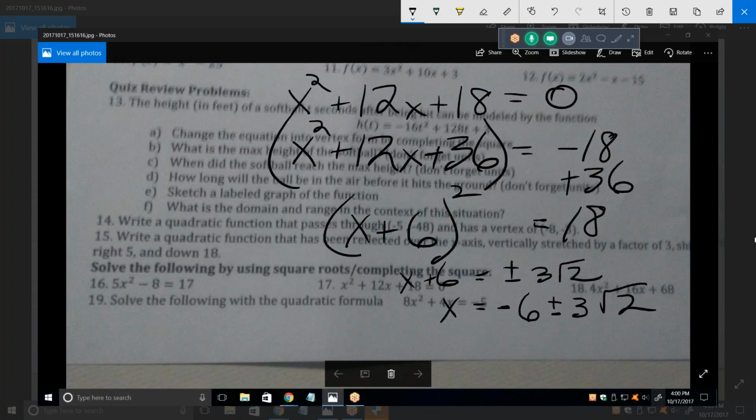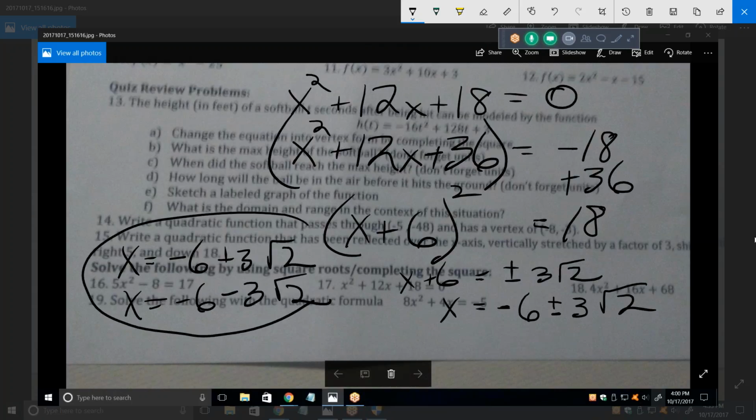And what that means is here are your two answers. One of them is minus 6 plus 3 square root of 2. The other is minus 6 minus 3 square root of 2. There's your two answers right there. That's what that means. You can write it as one line. Just make sure you understand what it means.